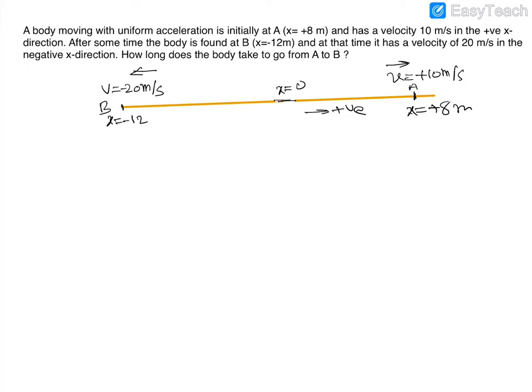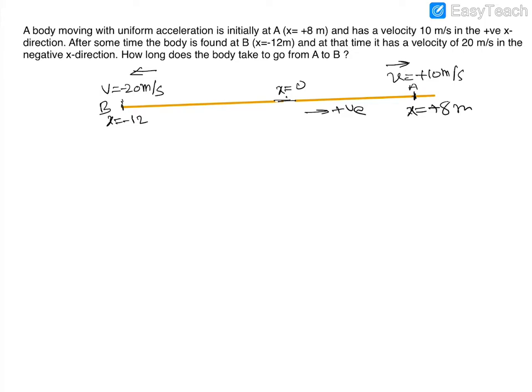Okay, you must have found the answer. So what is the way to answer that? You can see that the body starts from x equal to 0 and moves towards right and reaches x equal to 8 meters, right? And then the body ultimately is found at B, right? And at A, the body is moving towards right.